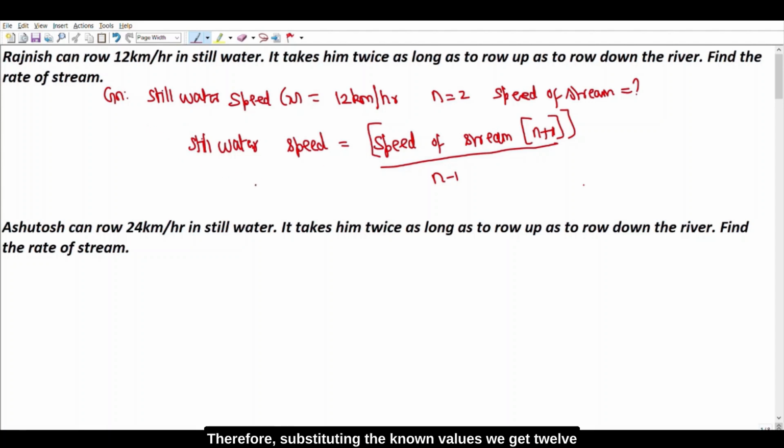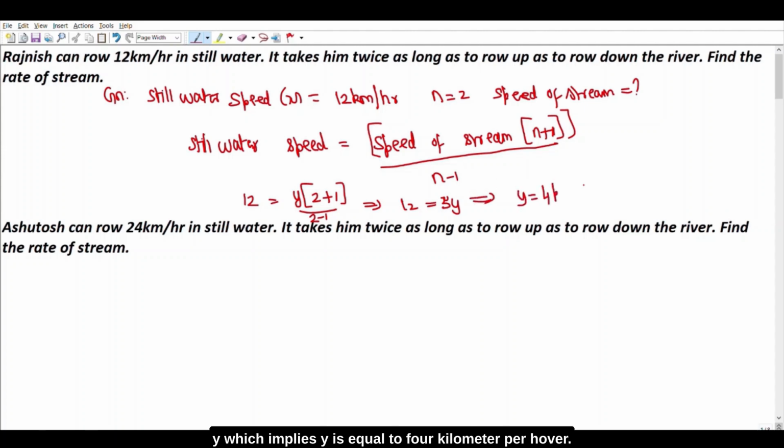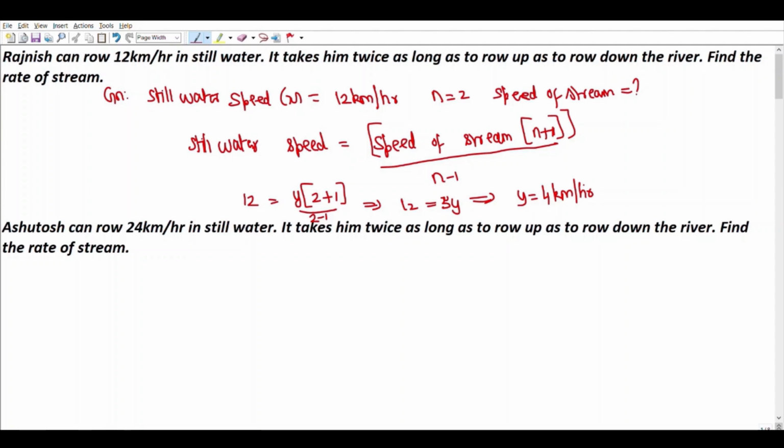Therefore, substituting the known values, we get 12 is equal to, we don't know speed of the stream, we assume it as y. We know the value of n is 2, (2+1)/(2-1), which implies 12 is equal to thrice of y, which implies y is equal to 4 km per hour. Therefore, speed of the stream is found as 4 km per hour. Let us move on to the next question.